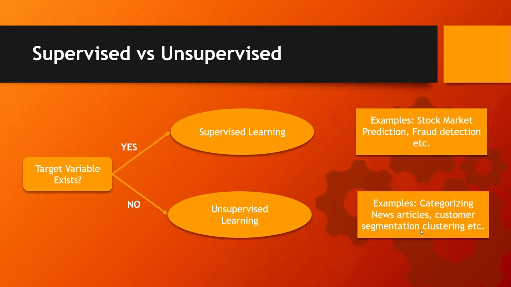Some simple examples of this are categorizing news articles. So let's say I give you all the news articles from the New York Times in the last 10 years, and they can be about various topics, right? How will you build an exhaustive list of categories which can cover all such news articles?